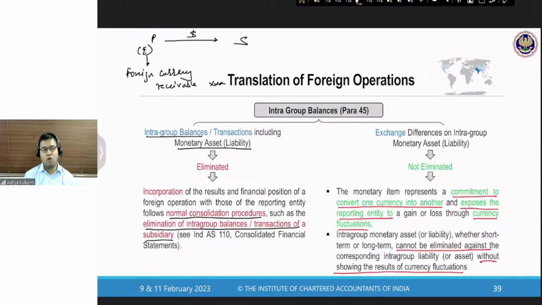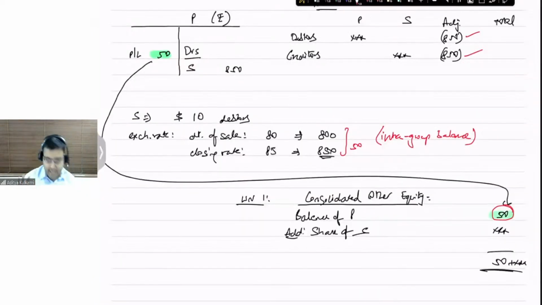But tomorrow, when the subsidiary goes to the bank to settle this dues, he will pay, let us assume, $10 in our example. In your books, will you get 10 into 80, 800? No, it could be 850, it could be 750, it could be 780, it could be 810, कुछ भी हो सकता है.